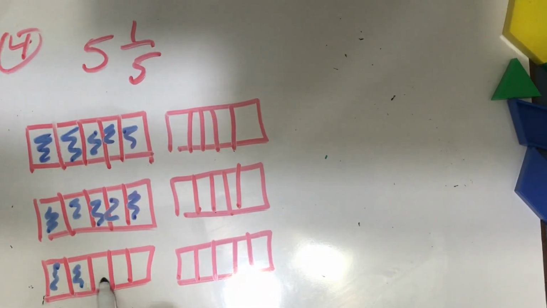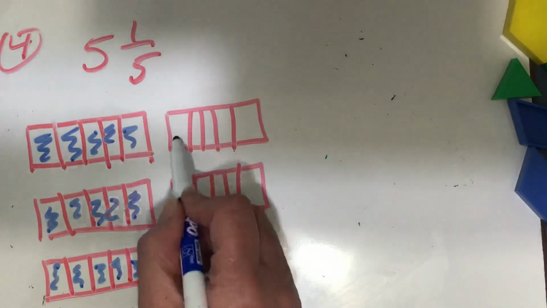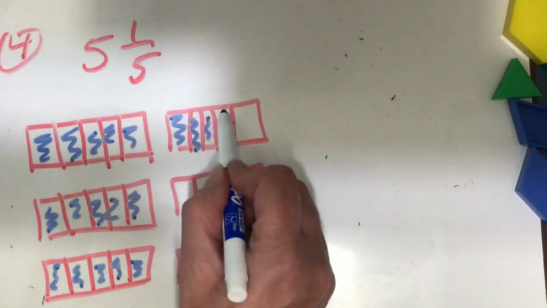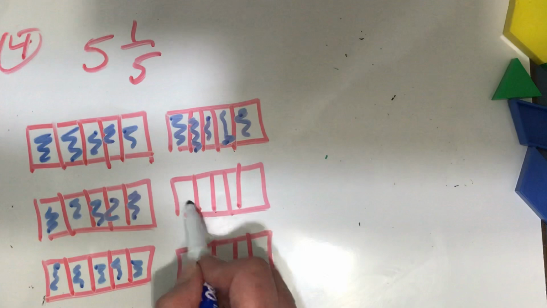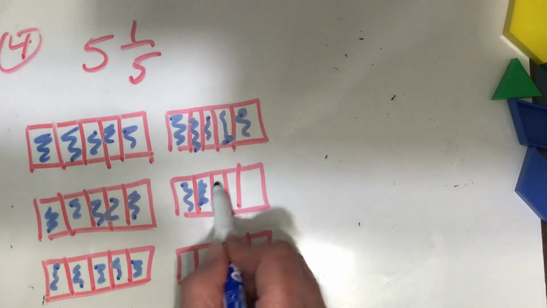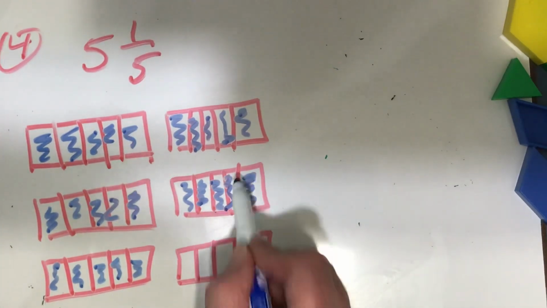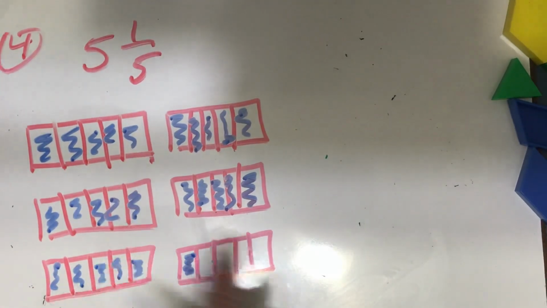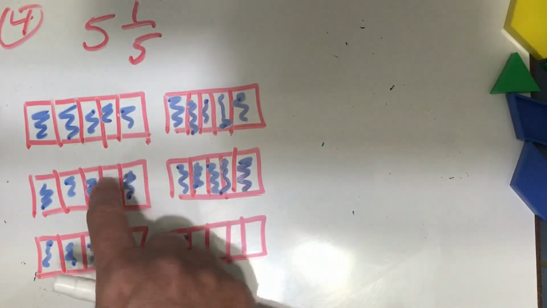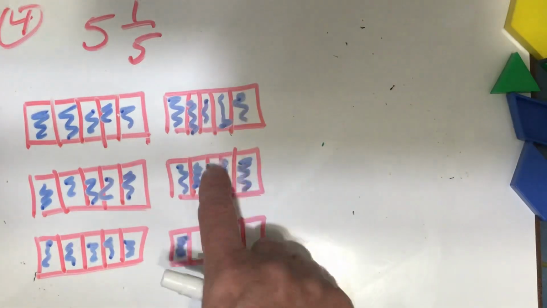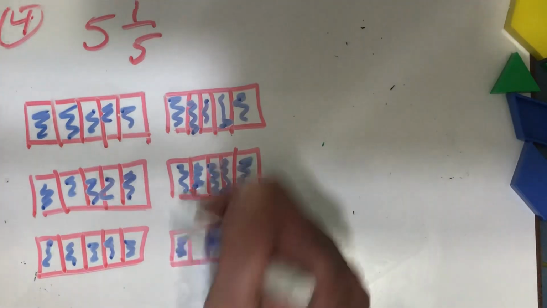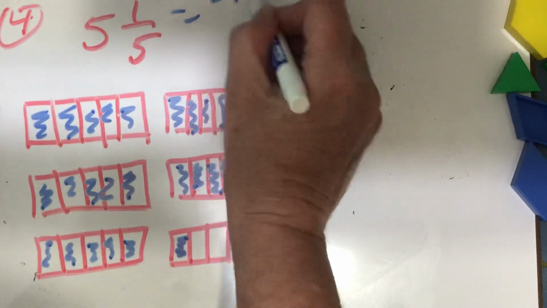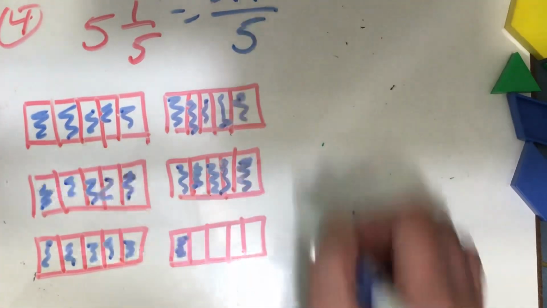Here's my third whole. There's the fourth one. And 5. Each of these has 5/5 shaded in. Okay, and then this last one has 1/5. So these are all 5/5. So 5, 10, 15, 20, 25, plus 1 is 26. So this equals 26 fifths.